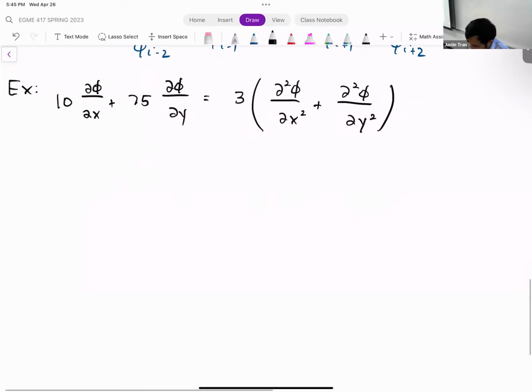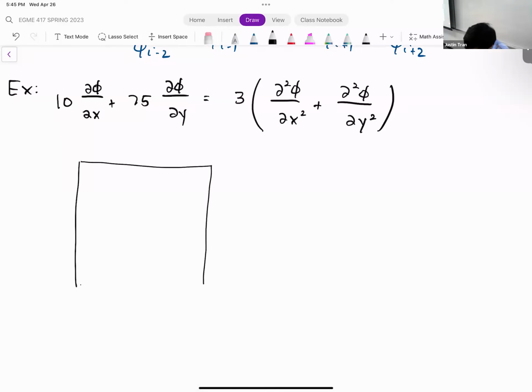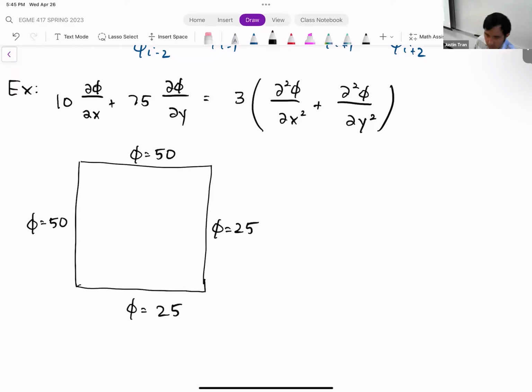And we're going to solve it on the following domain. We have our usual square domain. So we have Dirichlet conditions all around, and so phi is equal to 25 at every location here.